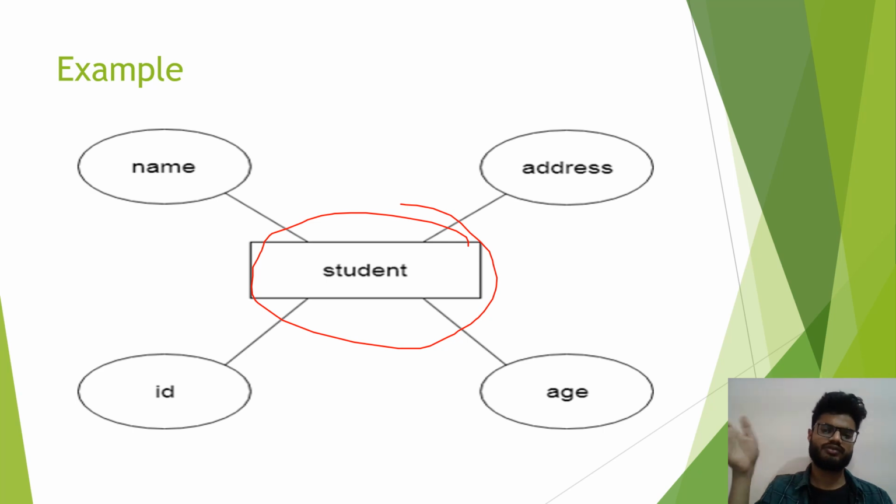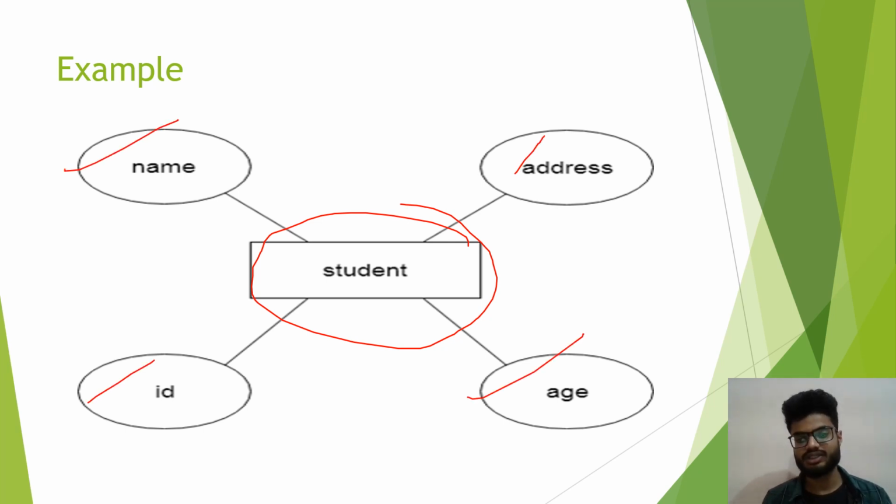A student table can contain many attributes or columns, such as student name, address, phone number, ID, age, and his father's and mother's name. These are the information which we store in a database of a student.